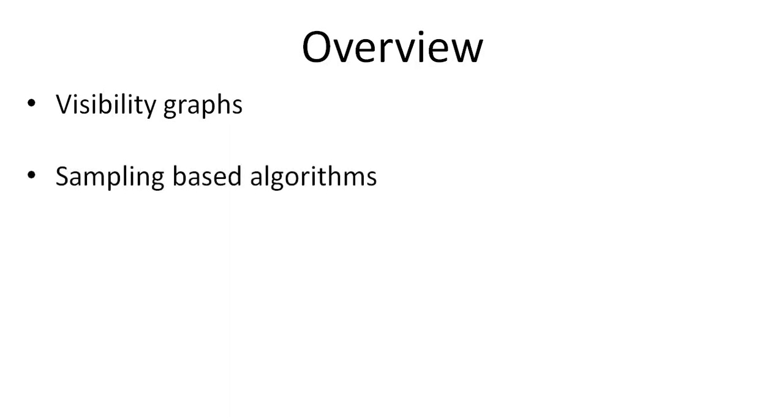Then we have sampling-based algorithms. Today we shall discuss these types of algorithms in detail because they provide a faster way to find a path. They are better than the deterministic or the graph search algorithms in the sense that they find a path quickly.